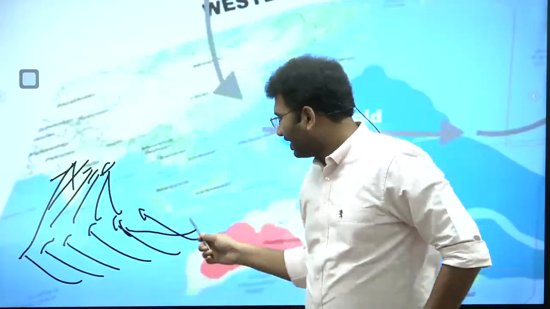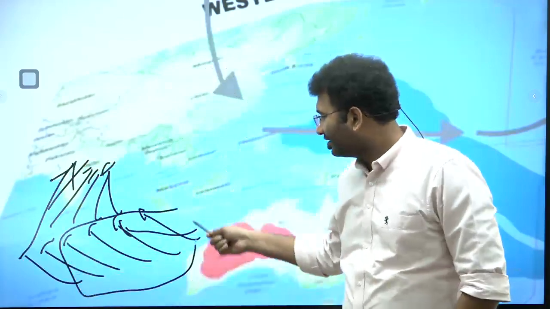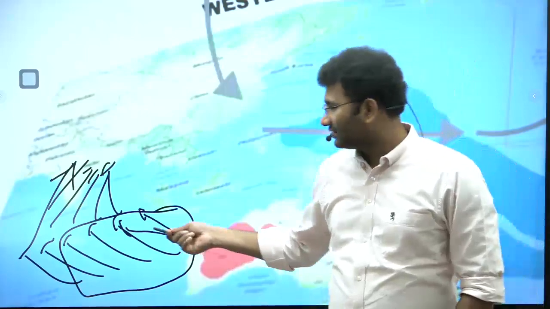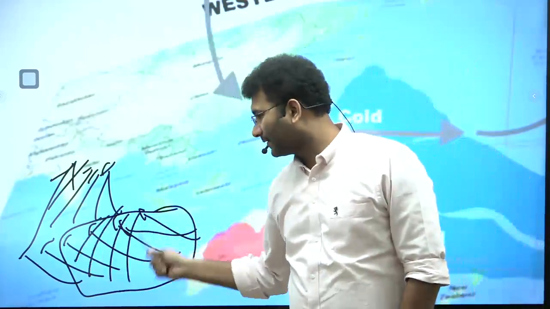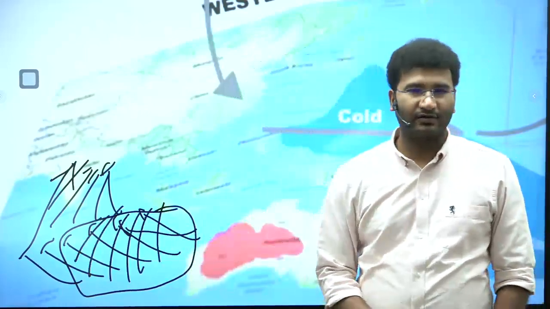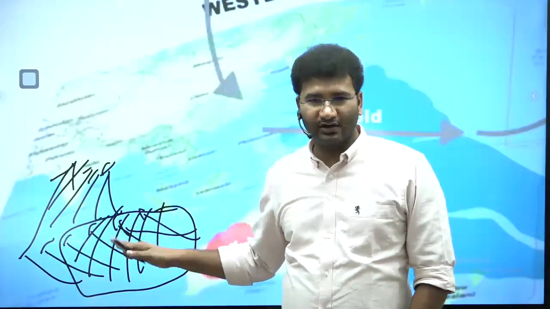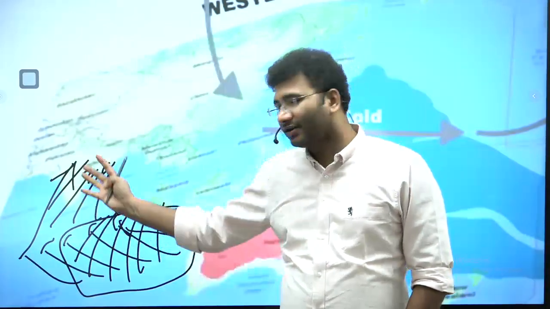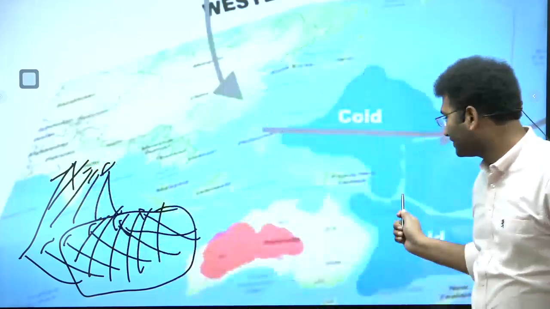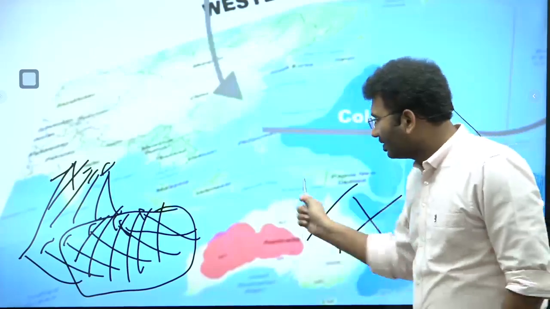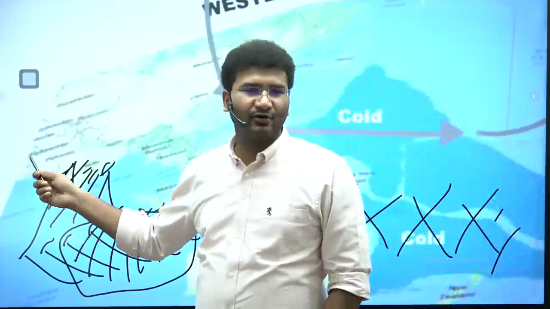That means at least the water that is present in the western part of Australia, this is nothing but your equatorial and the southern part of the Indian Ocean, you will have good water, right? Ye jo moisture hai India ke upar aayega. But we have lost the moisture from here. You will at least have a decent amount of rainfall.